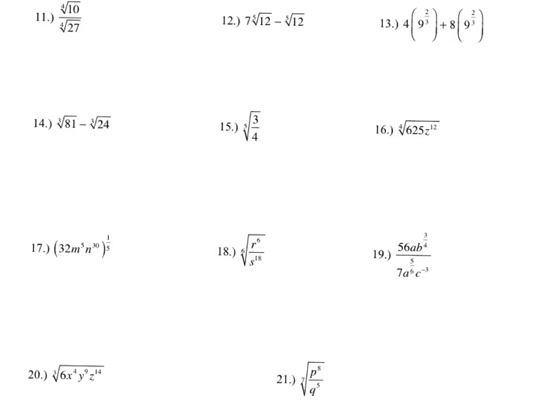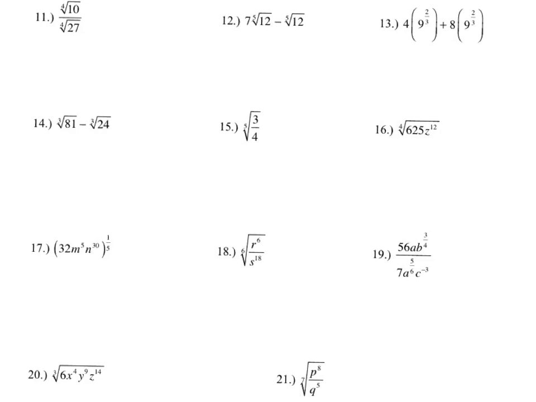Okay, so we're just trying problem 16. It says the 4th root of 625 z to the 12th. Well, 625 is actually the 4th power of 5. I can at least guess that it's a power of 5 because it ends in 25.